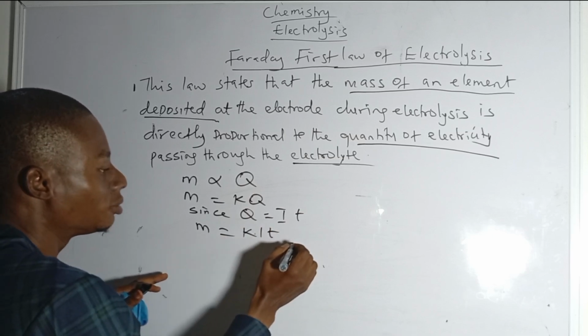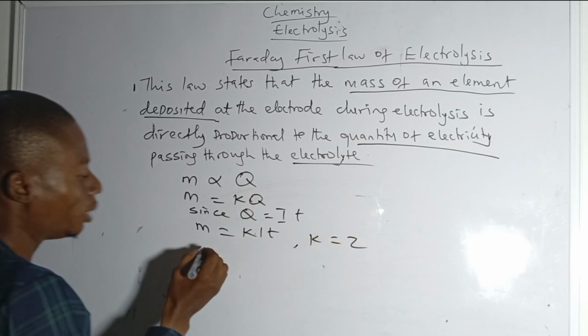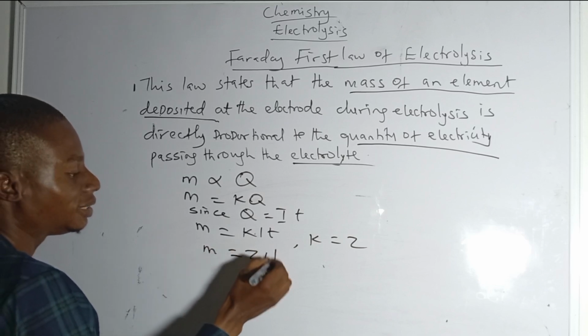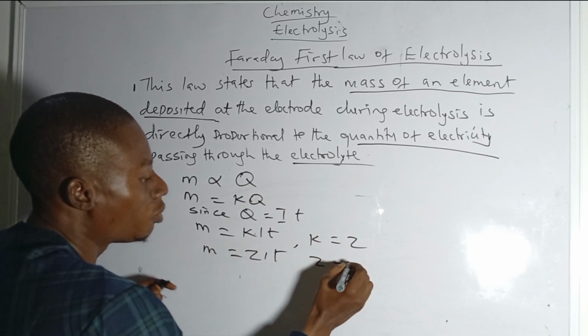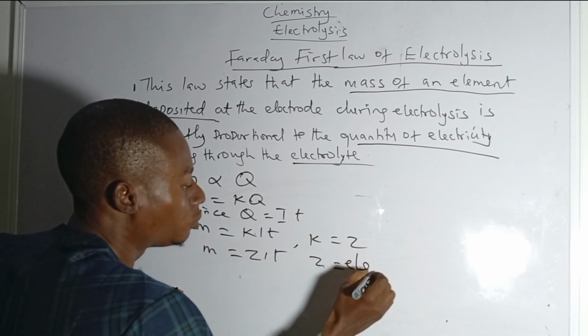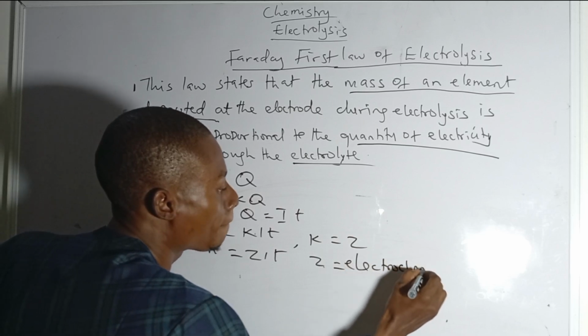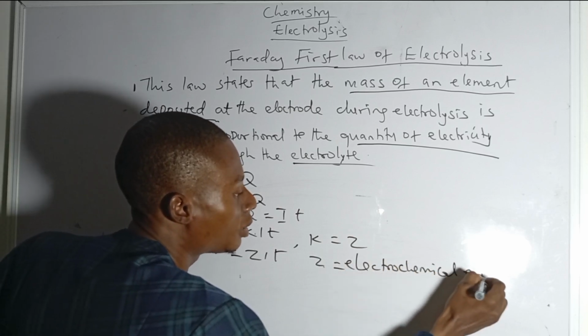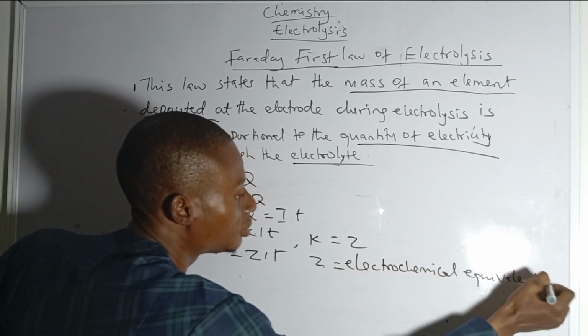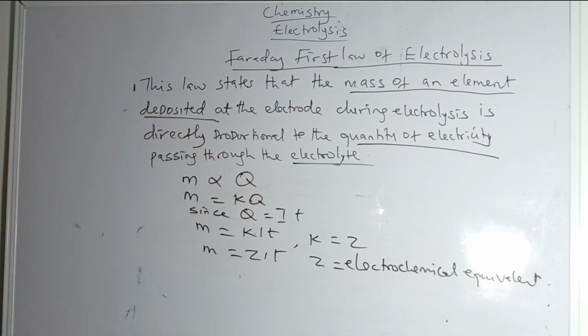Then this K is equal to Z, so we have M equals ZIT. So that Z is called chemical equivalent.